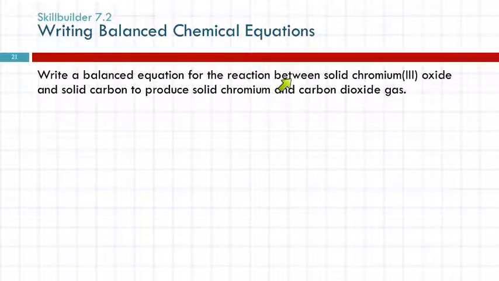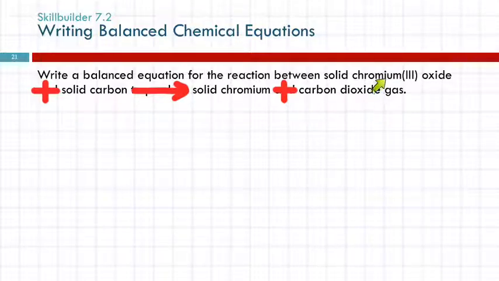We have a reaction between solid chromium(III) oxide and solid carbon. The "and" is like a plus. "To produce" is the arrow. That's what we're making: solid chromium and carbon dioxide gas. So there we've got it in words, and we need to make the formulas.